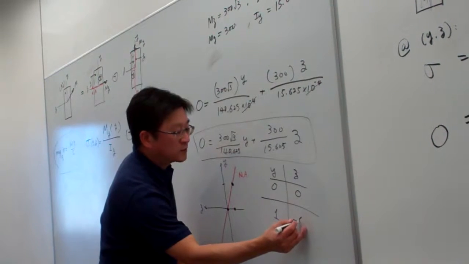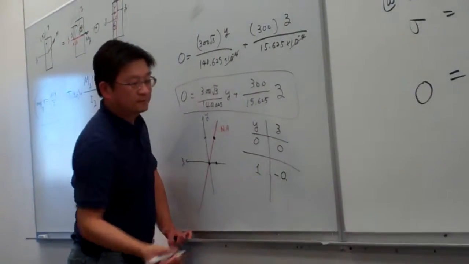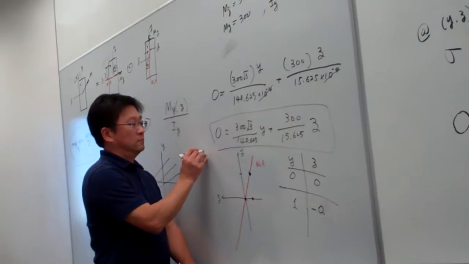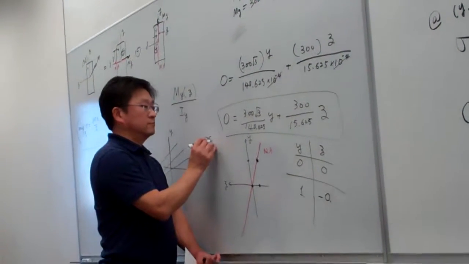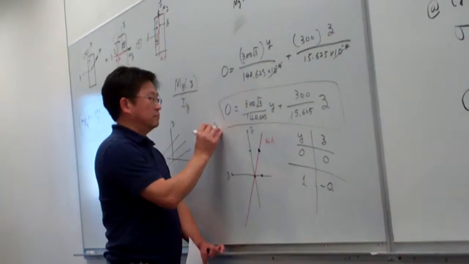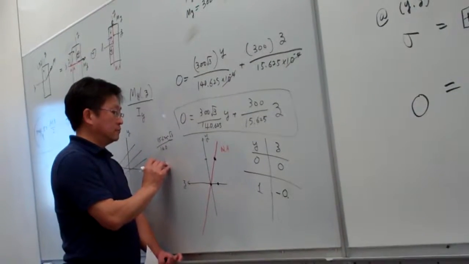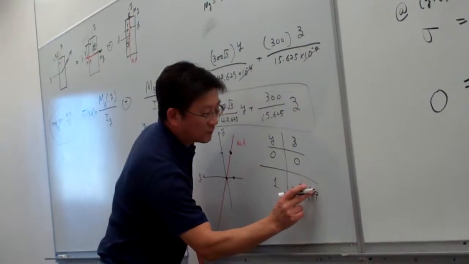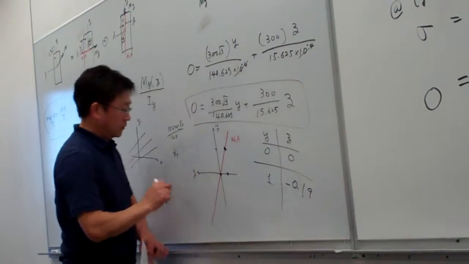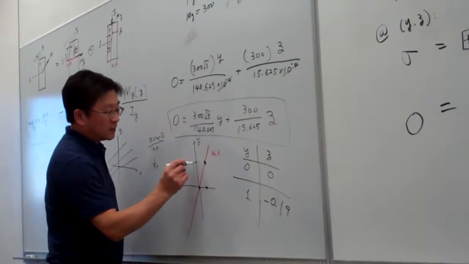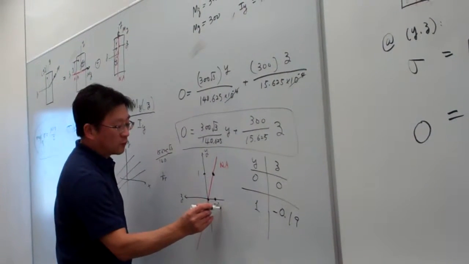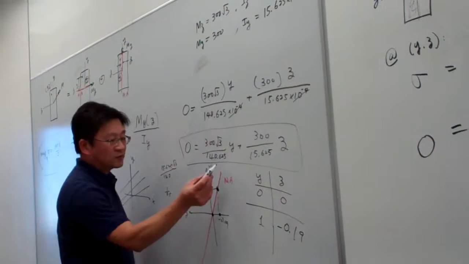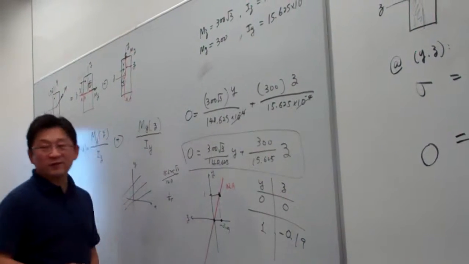Negative should be point something, right? I got negative 0.1924. Okay, 0.19. So that means here is the 1 and here is minus 0.19. So that means the point is here. So now we have the 2 points. We simply use a straight line to connect. That will give us the neutral axis.